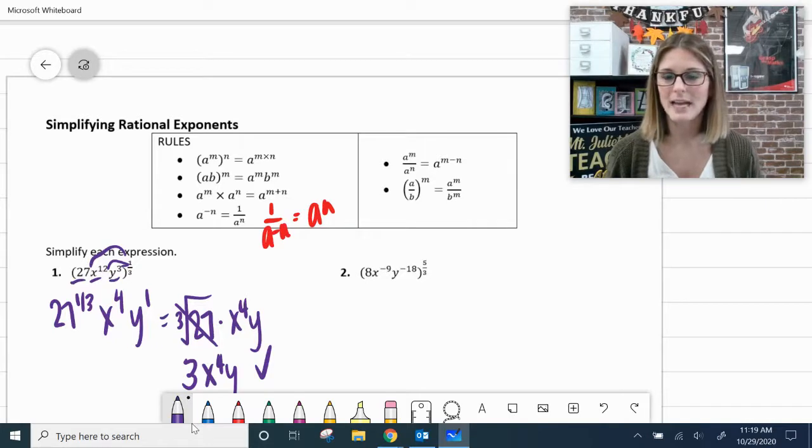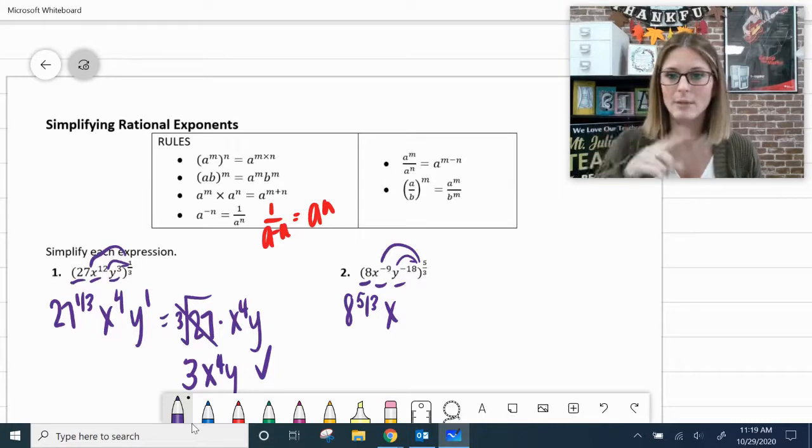Number 2, let's do the same process. So you've got 3 things inside the parentheses, the 8, the x, and the y, all being raised to 5/3. Let's give everybody a 5/3. So I have 8 to the 5/3. I have x already had an exponent, power to power multiply. Let me do some scratch work over here.